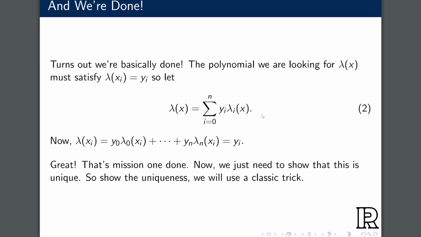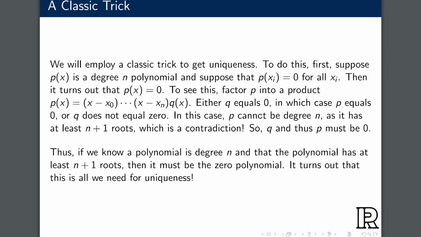And to do that, we're going to use a pretty ubiquitous trick in mathematics. Namely, let's think about a polynomial that's degree n. In algebra, I hope you learned that you can always factor a polynomial using its roots. So if you know that p has a root at xi, then you can factor an x minus xi out of it.